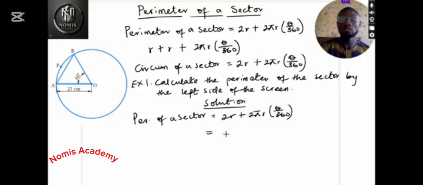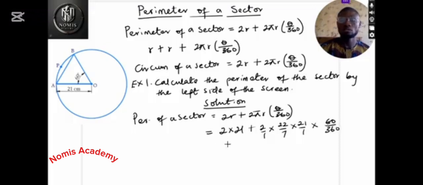So we can put in the values of the known parameters. 2 multiplied by r, the radius, that's 21 centimeters, plus 2 over 1 multiplied by 22 over 7 multiplied by the radius, 21 centimeters over 1, multiplied by theta all over 360, where theta is the angle subtended by the sector, so that is 60 all over 360.